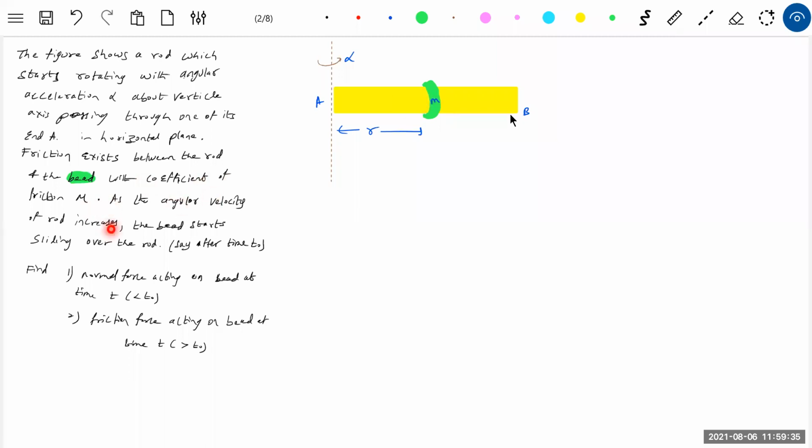As the angular velocity of the rod increases, the bead starts sliding over the rod, say after time t naught. Now it is asking the normal force acting on the bead at time t, the friction force acting on the bead at time t, and the time at which the slipping will occur.